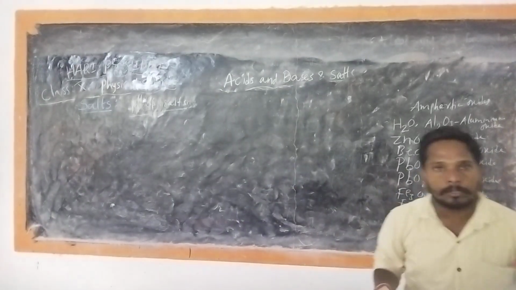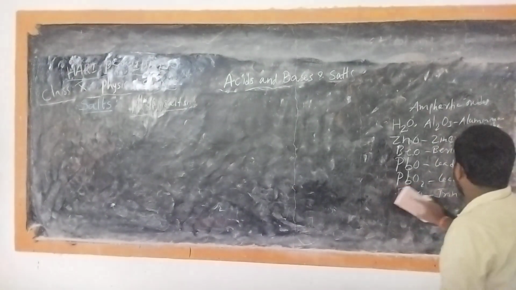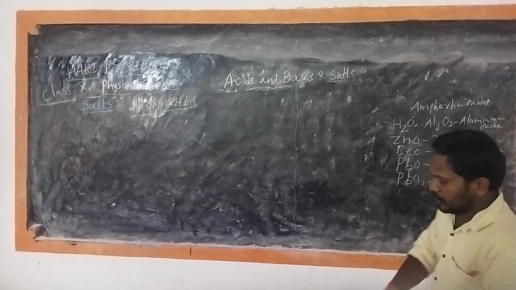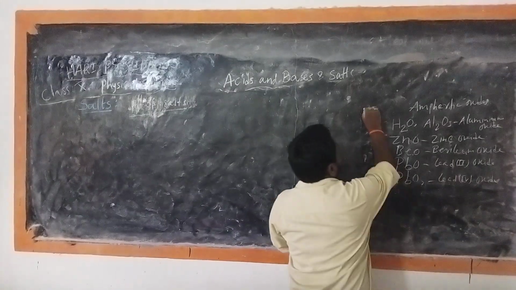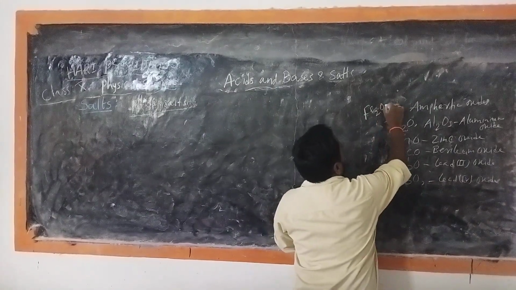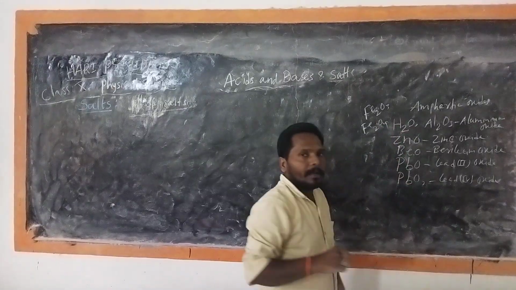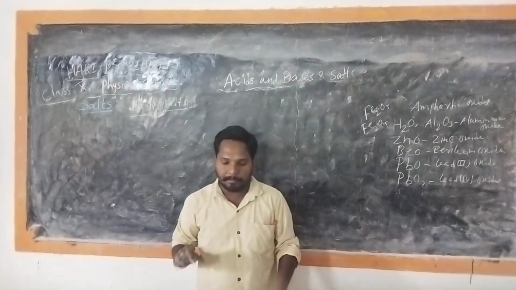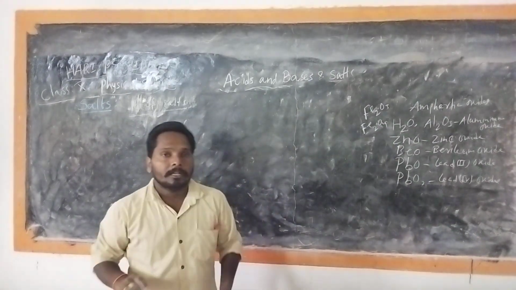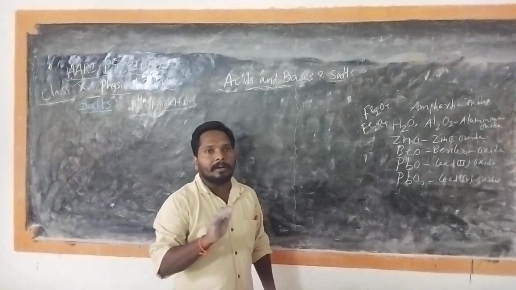So they act as both; they have both natures. They behave as a base and they behave as an acid. Such substances are called amphoteric salts.